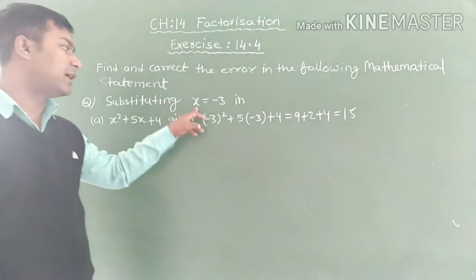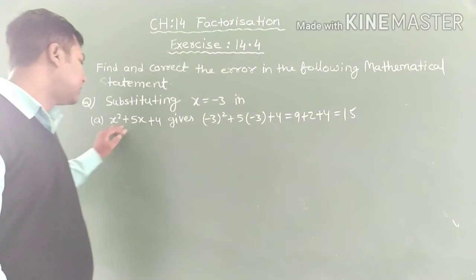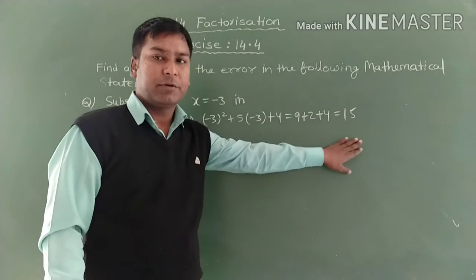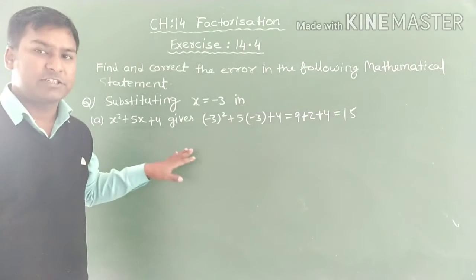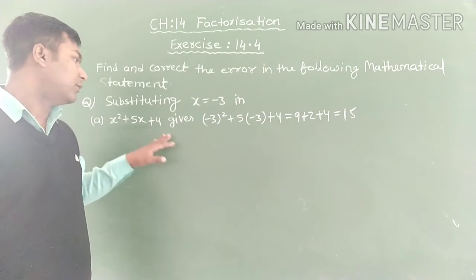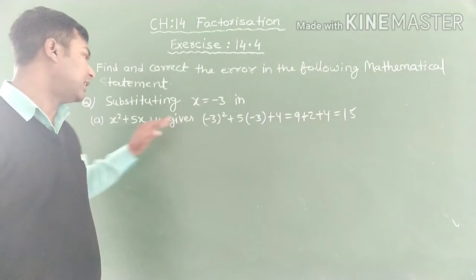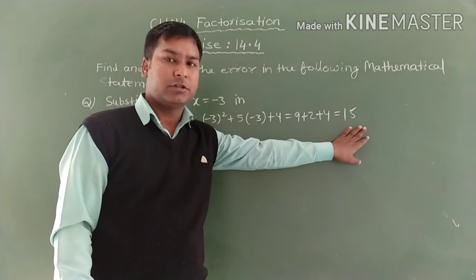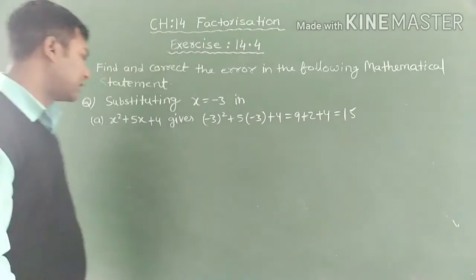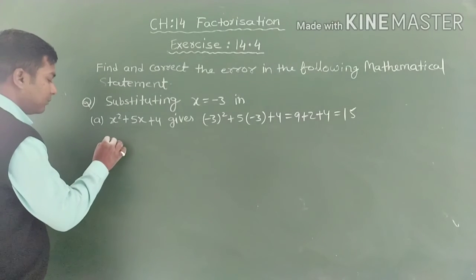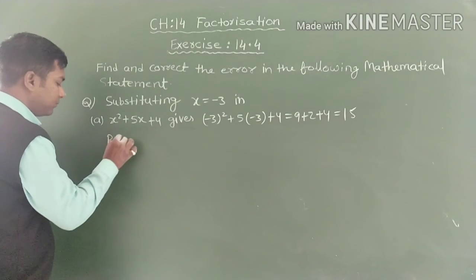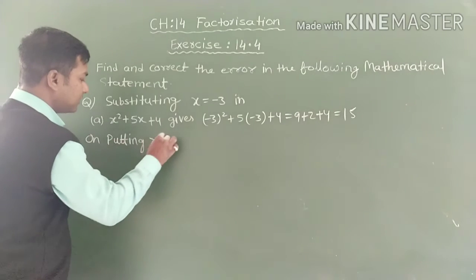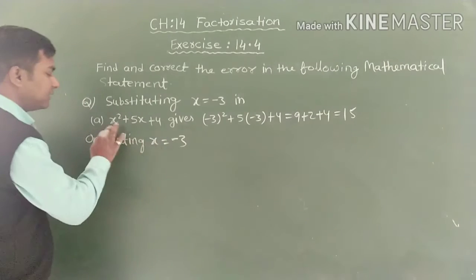Substituting x equals to minus 3 in this equation gives 15. Okay. So we have to find whether it is a correct statement or not. On putting x equals to minus 3 in this equation, we have to find whether the answer will be 15 or not. Okay. So just check it here. On putting x equals to minus 3, what do we get from this equation?